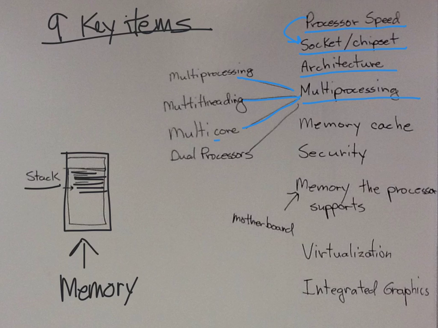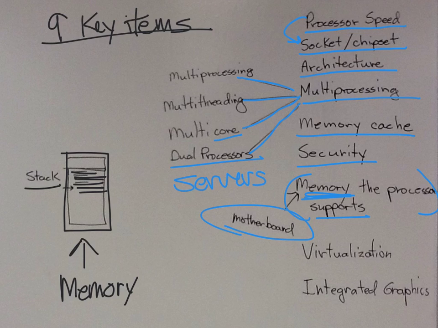You have multiple cores, or you could have 2 processors in there at the same time, like some servers. L1, L2, and L3 cache in memory; we looked at a diagram of that. We talked a little bit about security. Another important thing is the kind of memory the processor supports, so that you have the right memory on the motherboard.